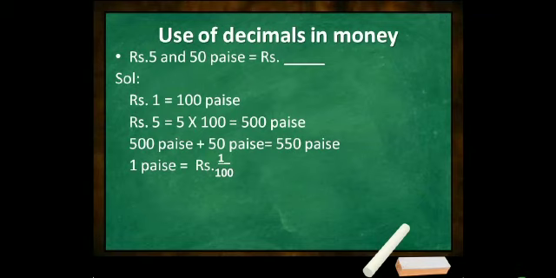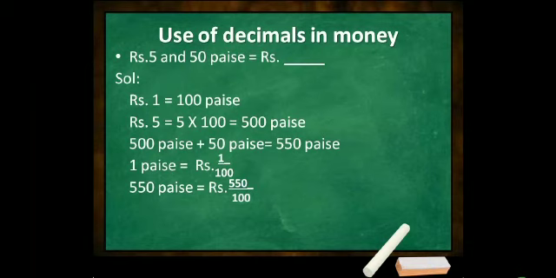So now I told you 1 paise is equal to rupees 1 upon 100. So 550 paise, when you multiply with 1 upon 100, you will get rupees 550 upon 100.